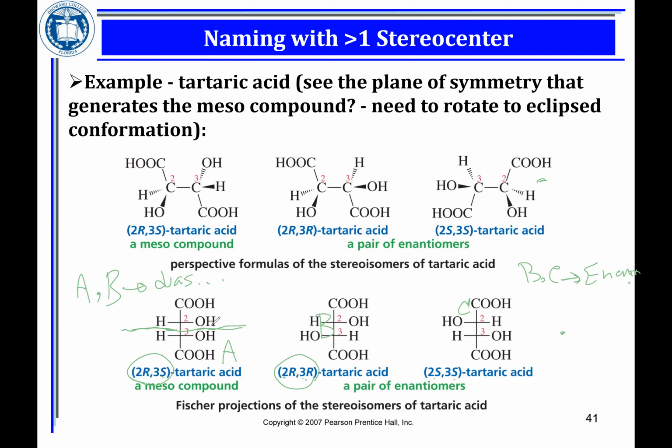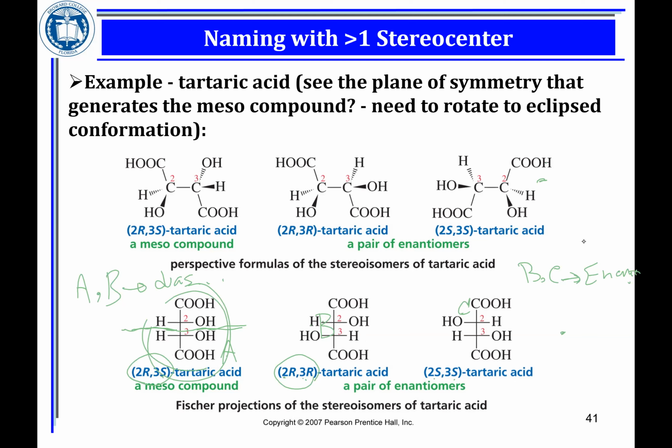It cuts the molecule into the same halves. Obviously, we are not going to have an enantiomer for this one. Compound A and B are diastereomers. A and C are diastereomers. B and C are enantiomers.